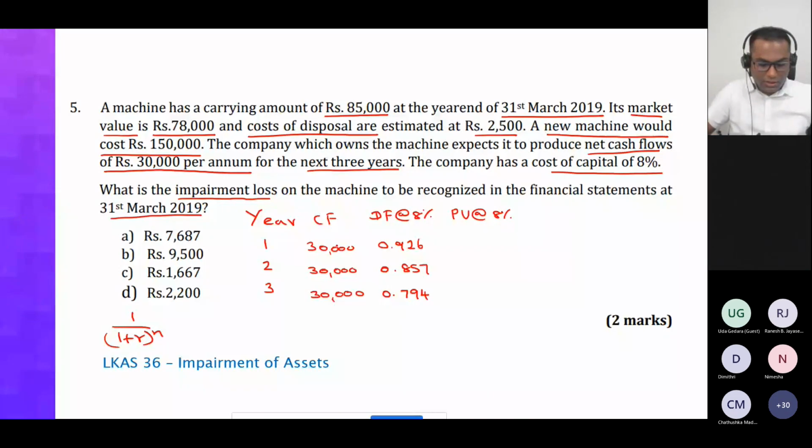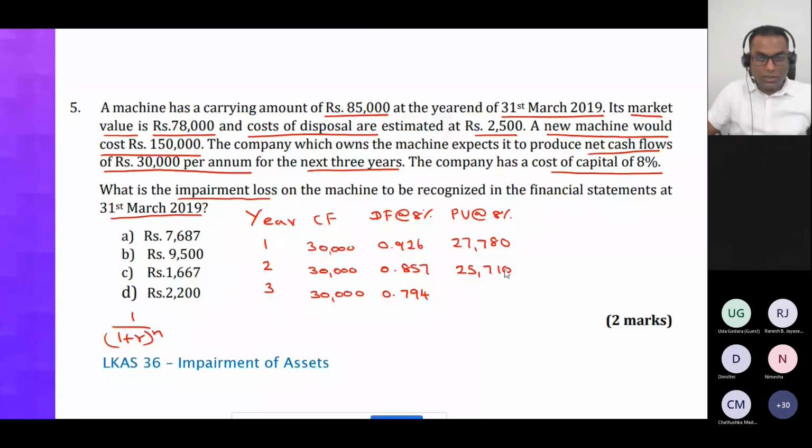Now you can take the present value at 8%. First one, 30,000 into 0.926, 27,780. Second year, 30,000 into 0.857, 25,710.